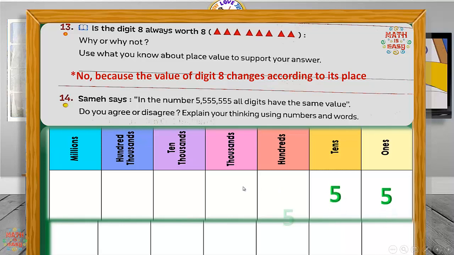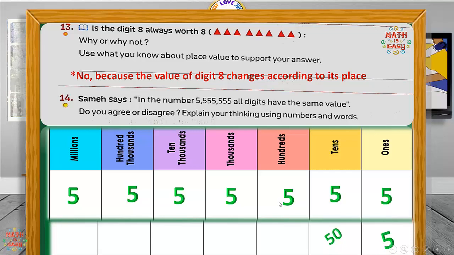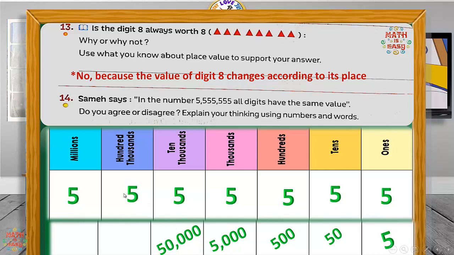Write the value of each digit. 5 in the ones place equals 5, in tens equals 50, in hundreds equals 500, in thousands equals 5,000, in 10,000s equals 50,000, in 100,000s equals 500,000, and in millions equals 5 million. So they are not the same as Samah said.